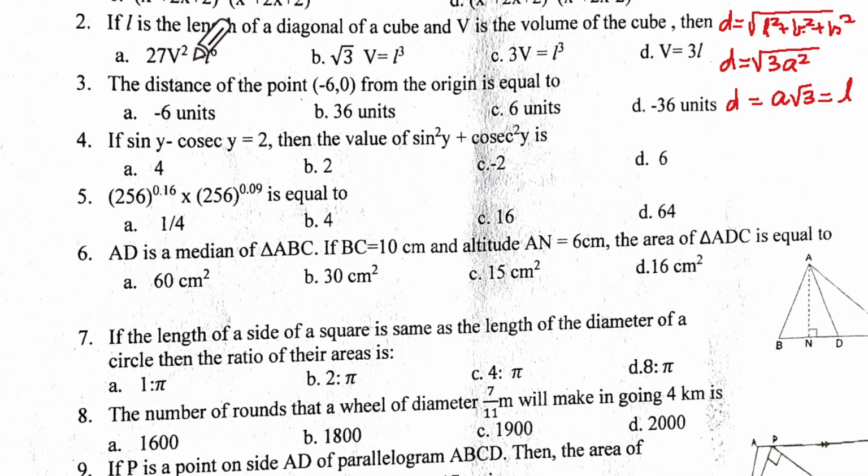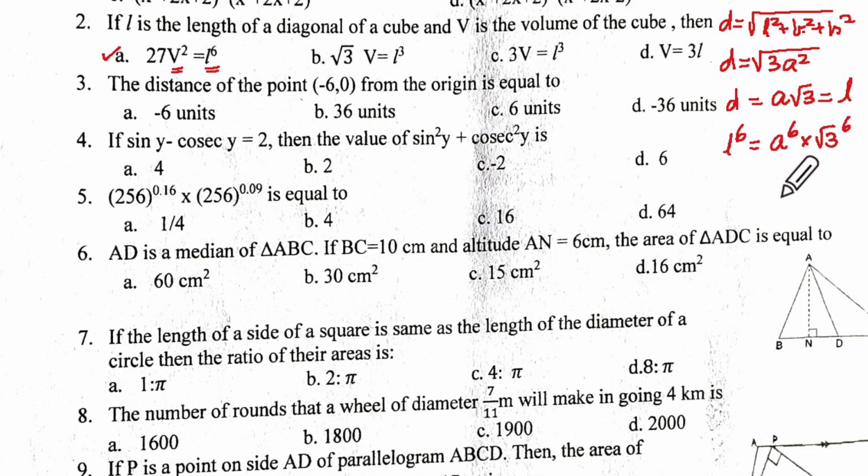Understanding? Now here they are taking L to the power 6. First option, they are giving L to the power 6. So I'm going to write L to the power 6 equal to A to the power 6 into root 3 to the power 6. So far so good. But now they are saying my L to the power 6 is V square. What is V?